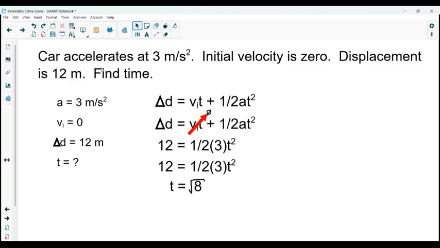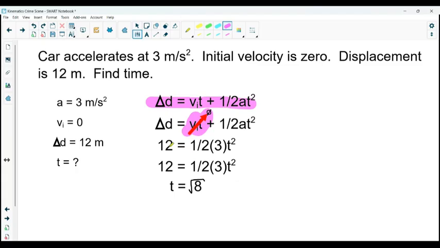The car accelerates at 3 meters per second squared. We calculated that. And the initial velocity of the car is 0, starting from rest. So the displacement is 12 meters. And now we've got to find the time. On the left here, I've listed my knows and need to knows. I picked my kinematic equation that I'm going to use. I noted that the initial velocity is 0, so I just canceled this whole term out.